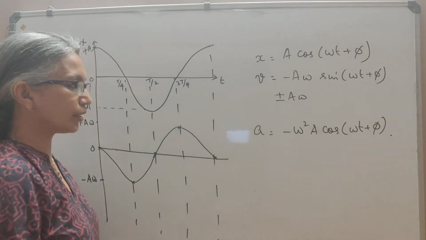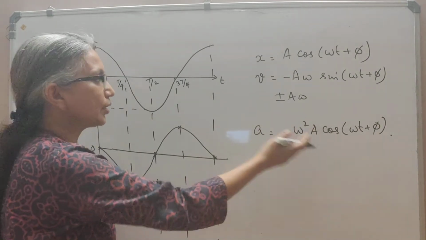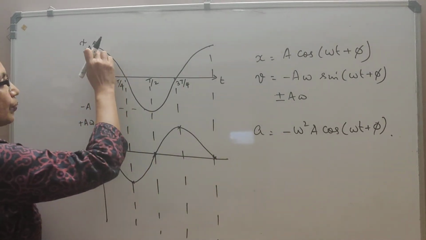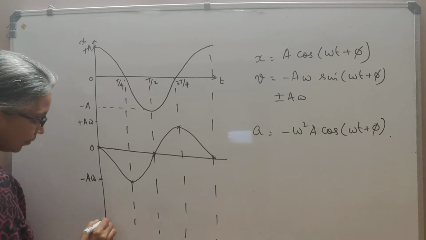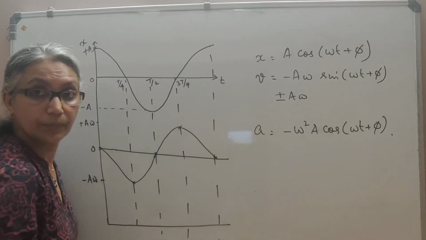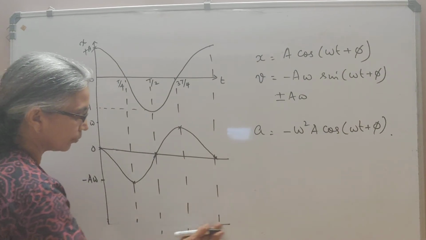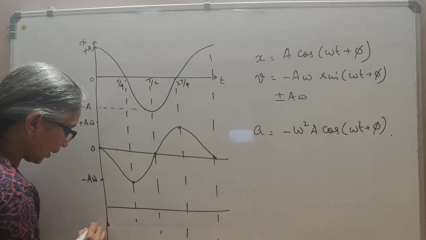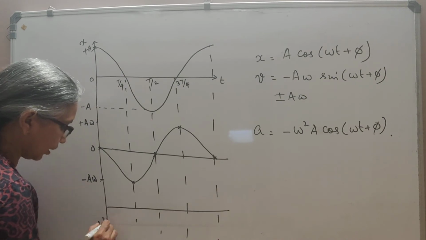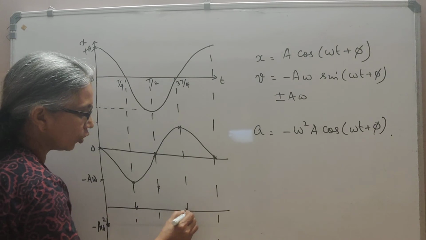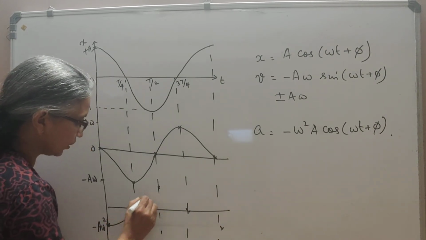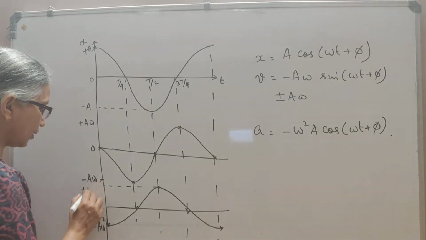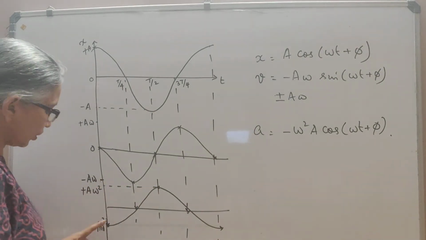When we go on to look at acceleration, it's a cosine function just like the displacement, except with a negative sign. So when the displacement starts from plus A, the acceleration will be -Aω² here, exactly opposite to that of displacement, and the maximum will be plus Aω².